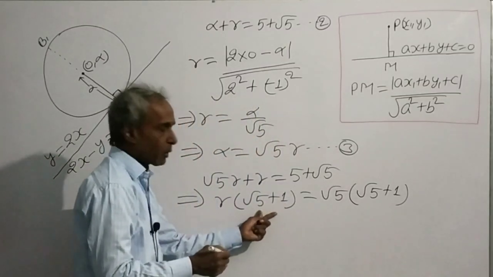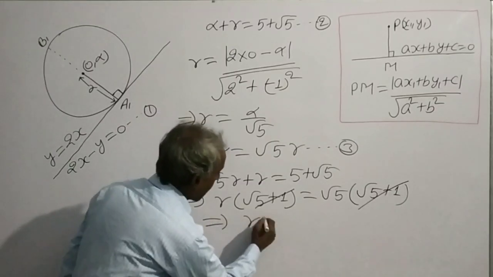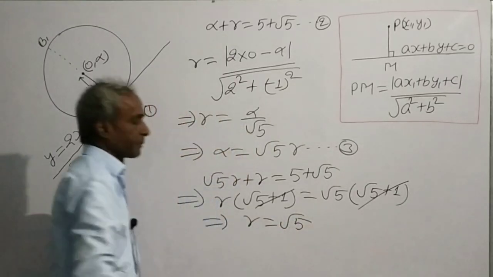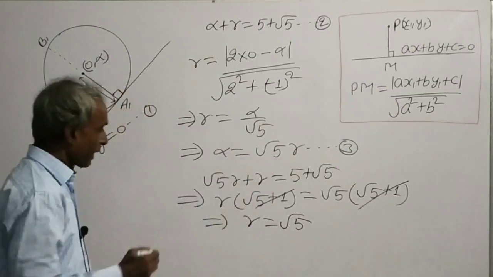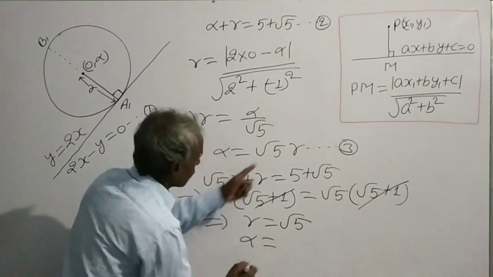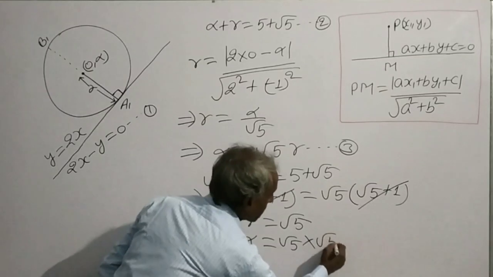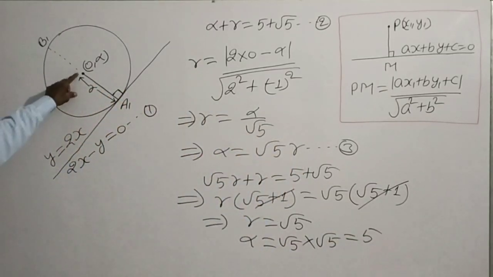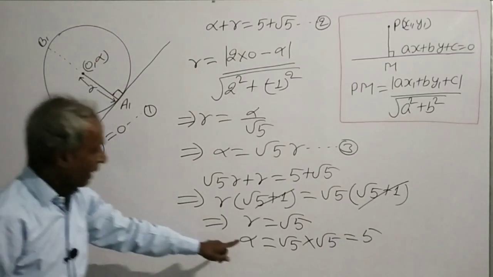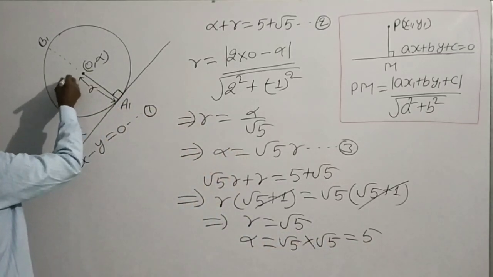This root 5 plus 1 will be cancelled out from both sides. Then we get r is equal to root 5. When we put this value of r in 3, we get alpha is equal to root 5 times r, means root 5 times root 5, that is equal to 5. Since the coordinate of this center is (0, alpha) and the value of alpha is 5, the coordinate of this point is (0, 5).